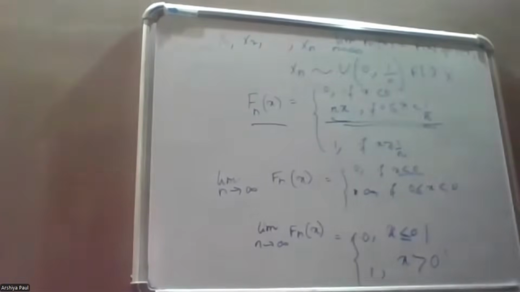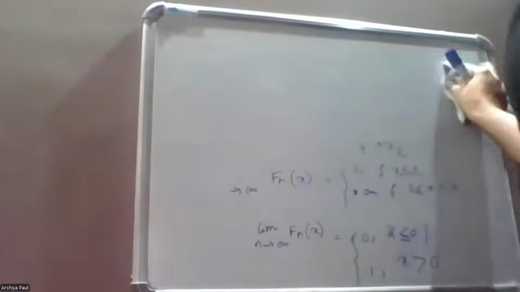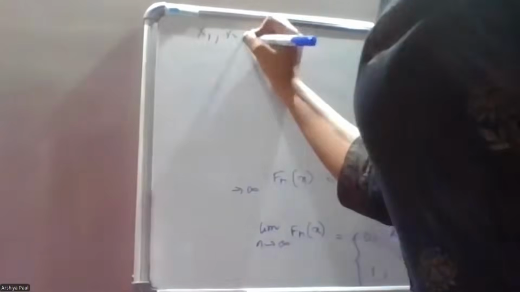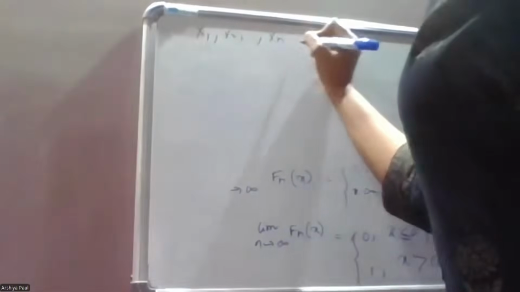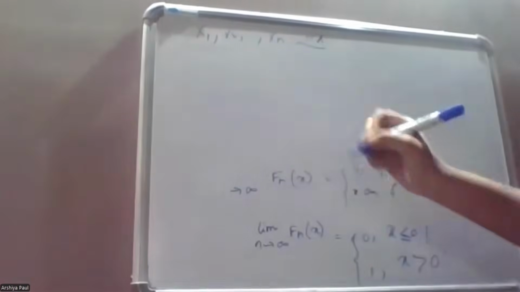Okay. So my next question is, suppose X1, X2, Xn is a random sample from Bernoulli(p).